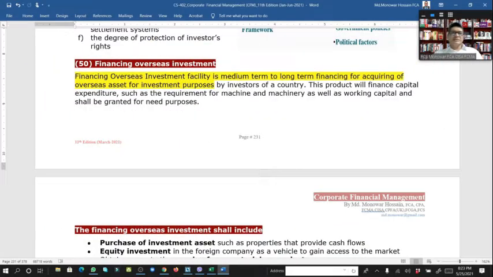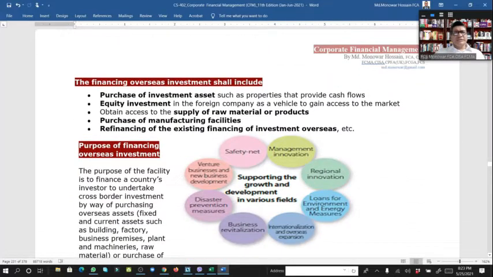Financing overseas investment. A financing overseas investment facility is sometimes a medium-term or long-term facility to acquire overseas assets for investment purposes by investors of a country. This product will finance capital expenditure, such as the requirement of machines and machinery items, and working capital also shall be granted for the needed purpose. So what does financing overseas investment include?